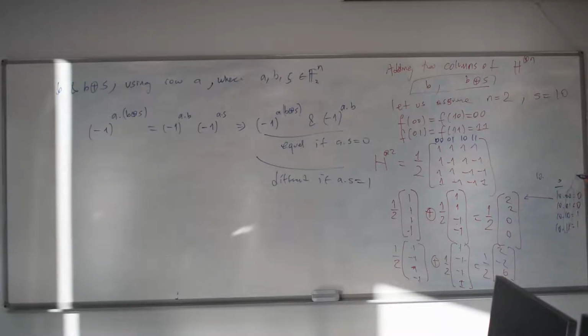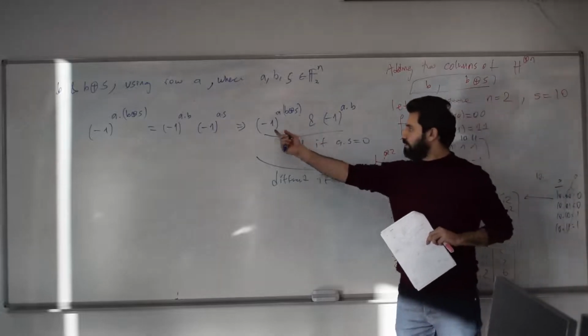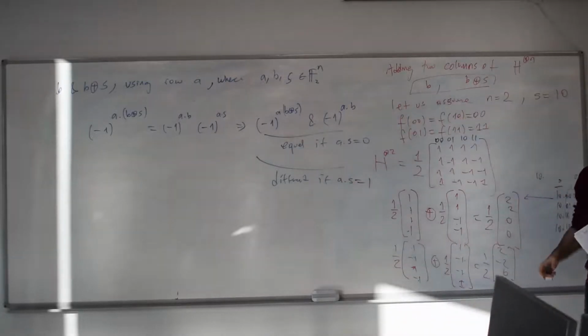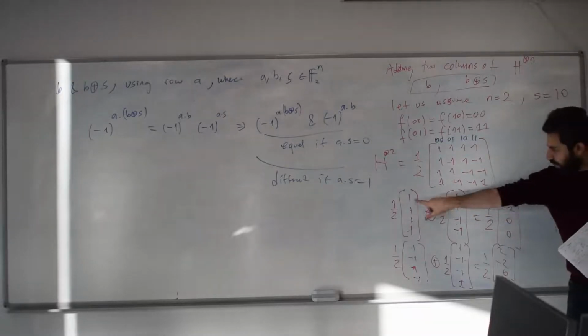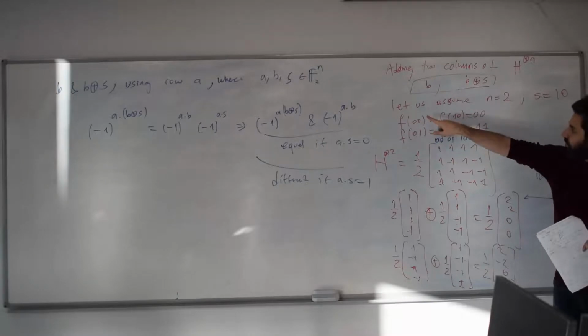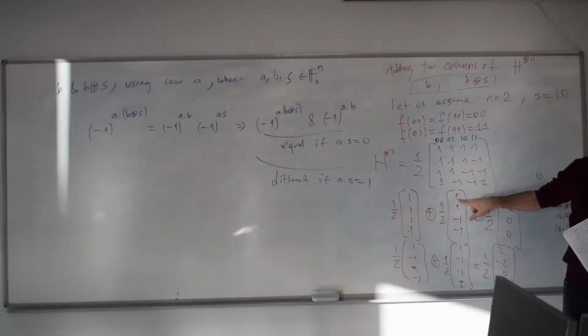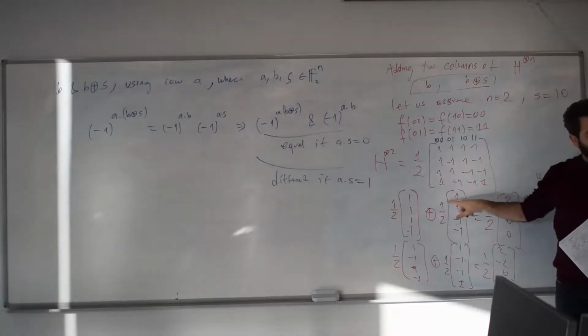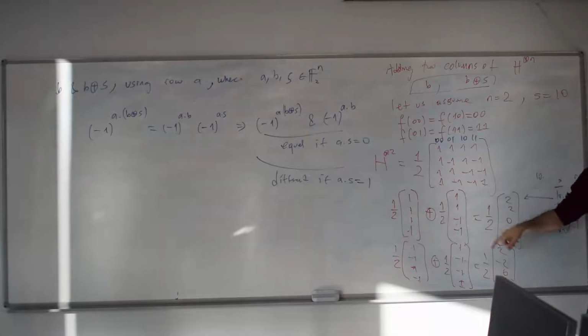So if S and A have a dot product 0, then (-1) raised to the power A·(B XOR S) or A·B is going to give you the same result. That's why we have 1 and 1 here. One of them is the original, which is 0, 0, and the other is the B XOR S. They're equal, do you see?